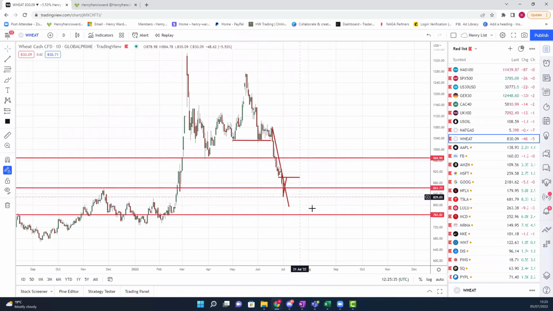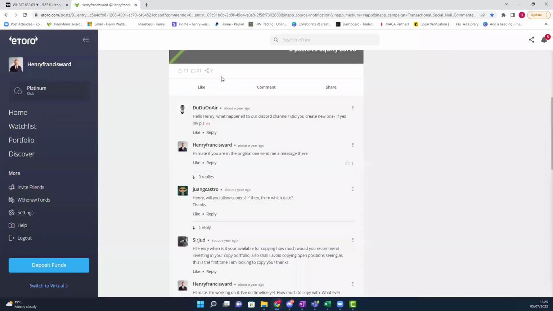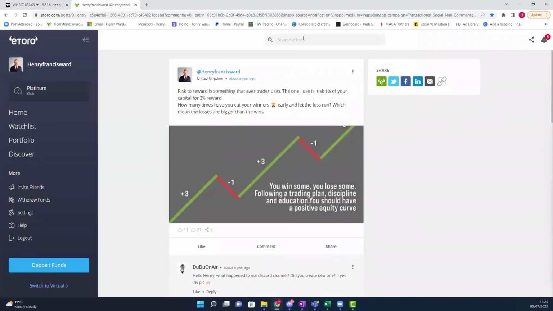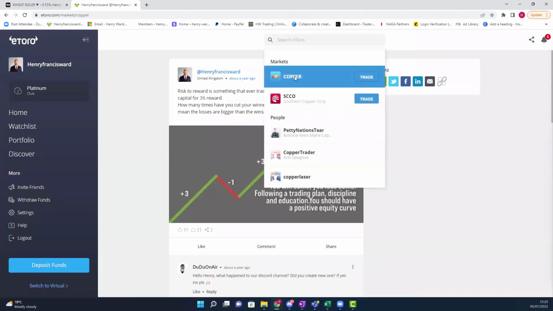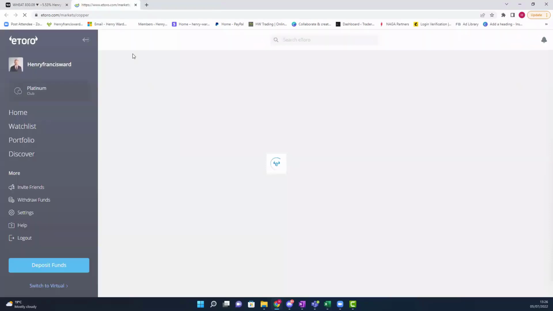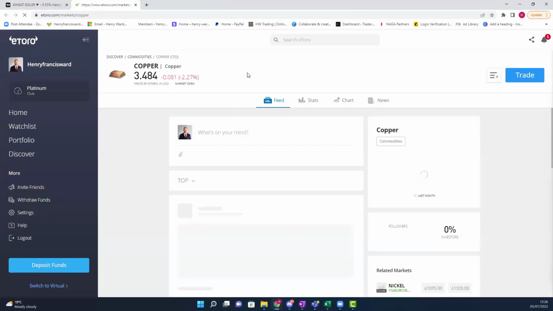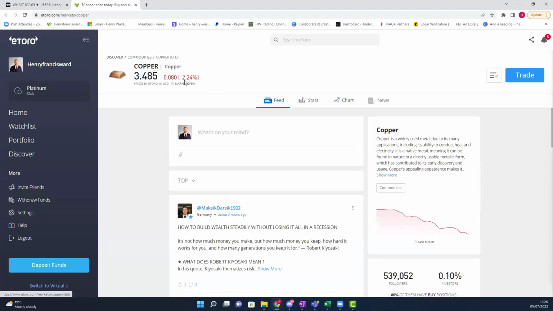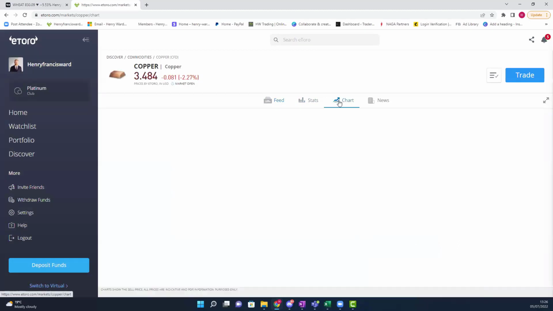But again, we can only set ourselves up, and if it happens, then we can trade off it. So it's down 2.24% today.